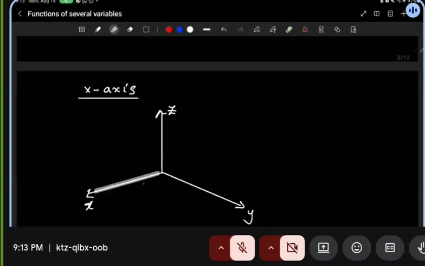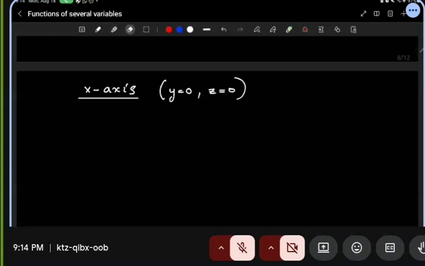Notice that for any point you pick on the X axis, Y will be 0, Z will be 0. So all the points along the X axis have Y values and Z values as 0. So if I go for the X axis, then I'm saying Y is 0 and Z is 0. This is what you have to keep in mind.